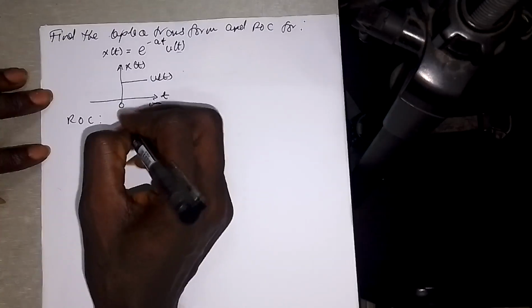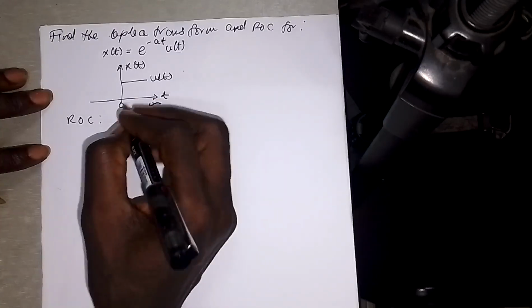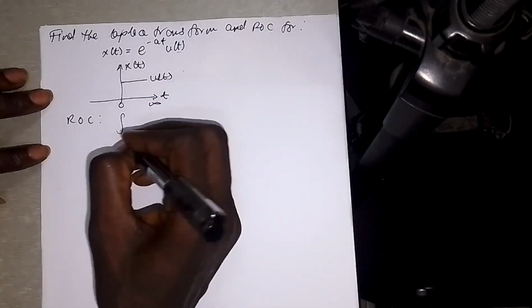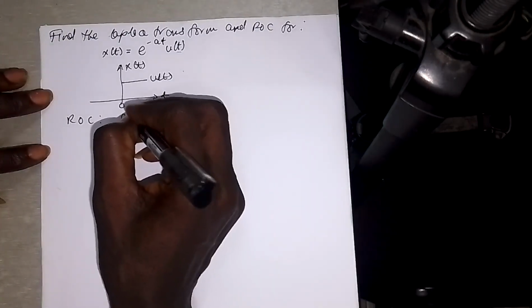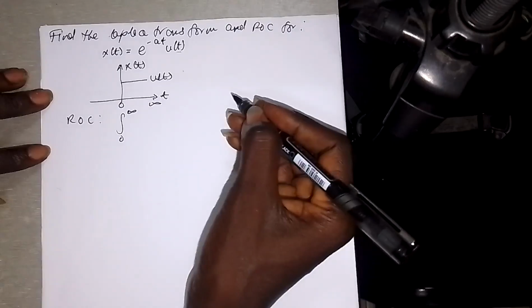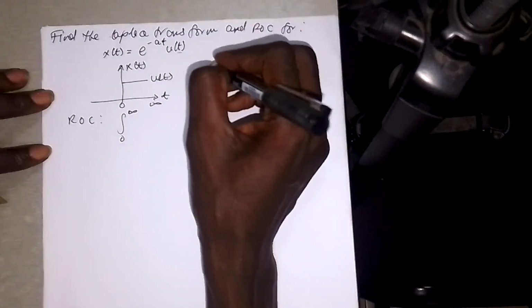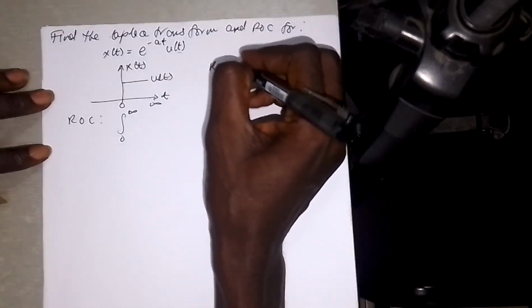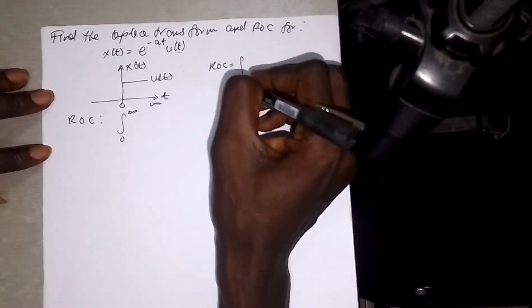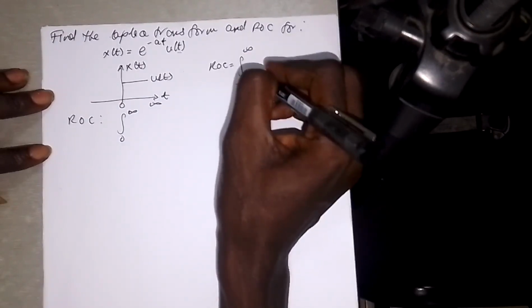ROC. So ROC is such that the graph is from 0 to infinity. So straight away I'll bring 0 and then I'll bring infinity. And then we actually know that this ROC is given by minus infinity to infinity.